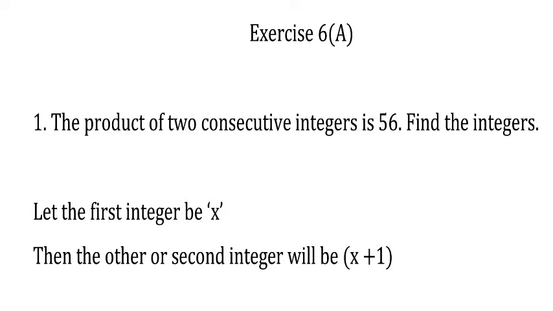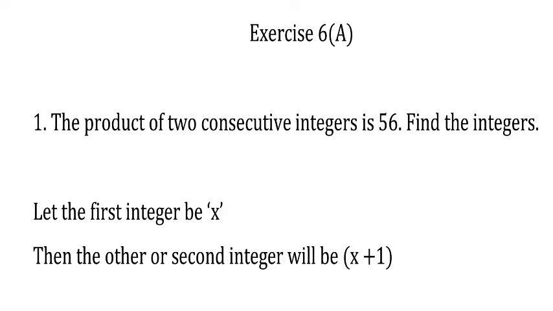For example, 4 and 5 can be called consecutive numbers. 8 and 9 are also consecutive numbers. There should not be any gap in between the two given numbers. That means consecutive. Integers means it can have positive, negative and also 0.